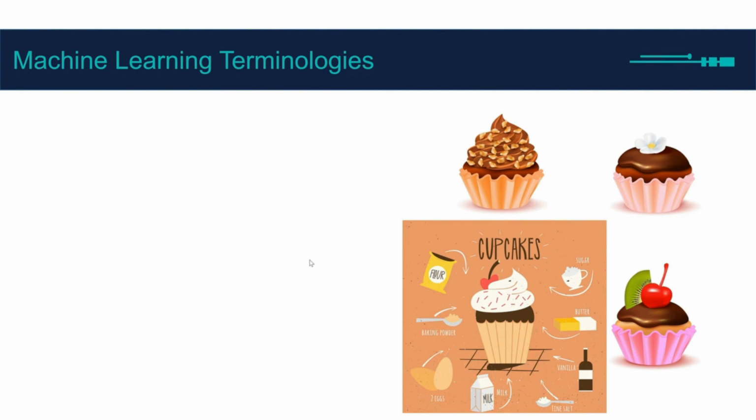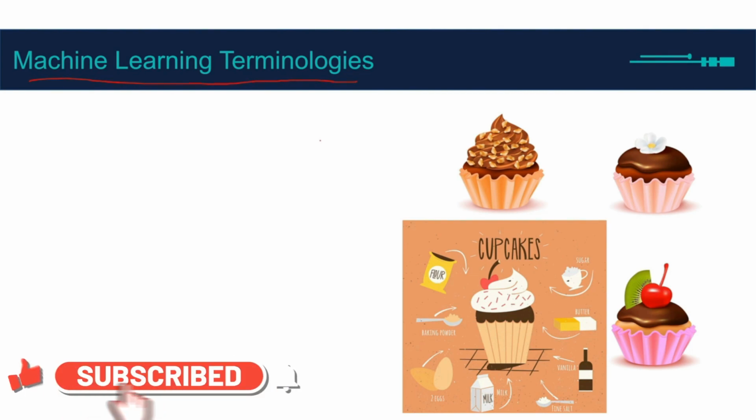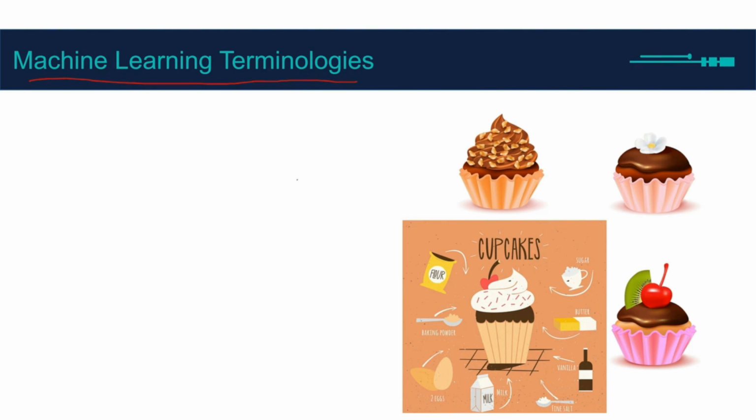In the last video, I explained machine learning terminologies, but I think I need to explain it a little bit more. So remember in this example of the cupcake, let's go to the diabetes data, okay? And let's say we have a data set here and here and here. These are the data set for people who got diabetes and who didn't get diabetes.